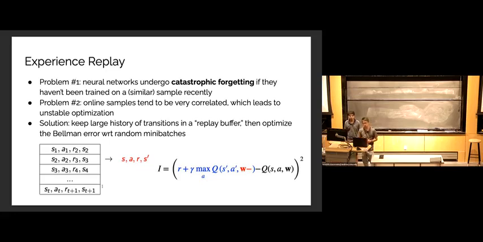In machine learning, we often assume that samples are drawn from the distribution IID, independent and identically distributed, so correlated samples will sometimes cause trouble.